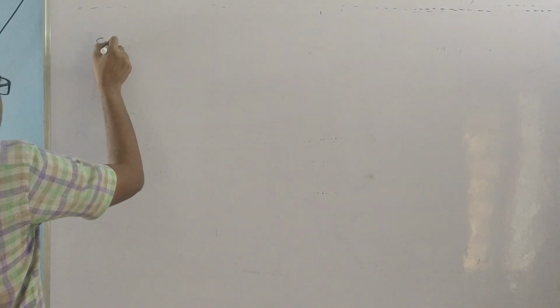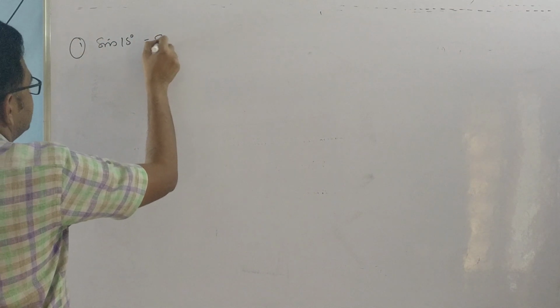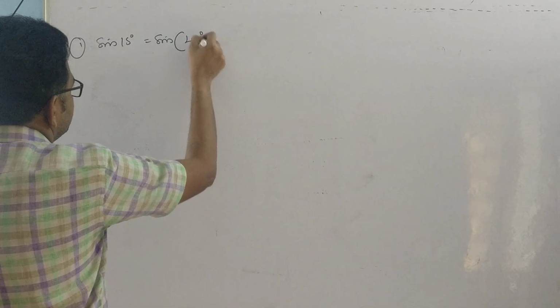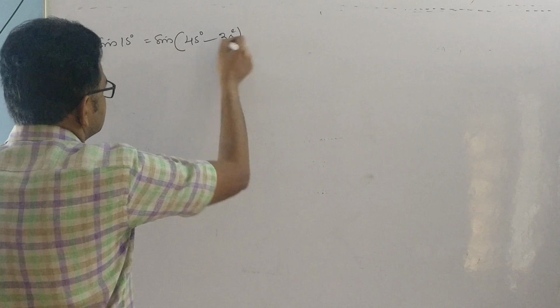So, sin 15 degrees, first one, this you write sin of 45 degrees minus 30 degrees.